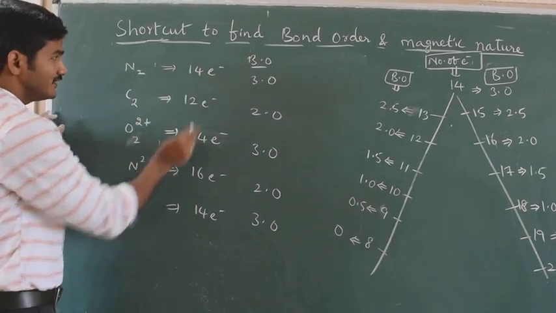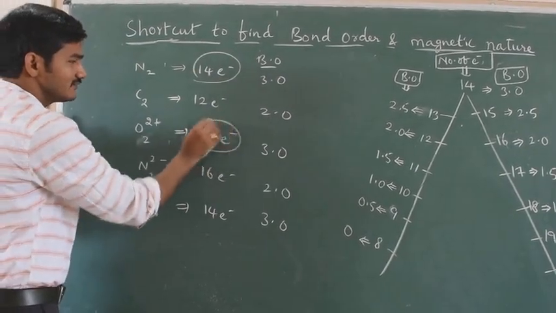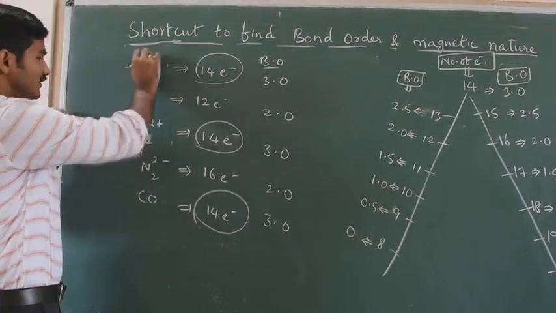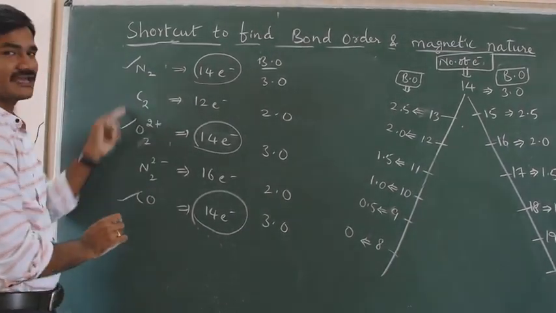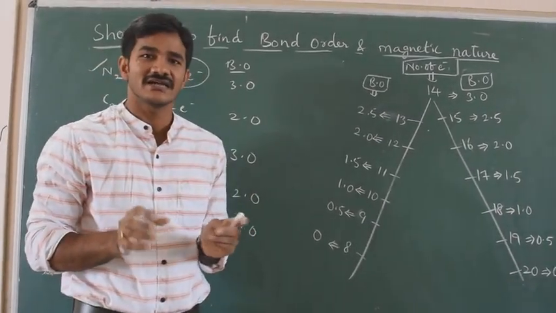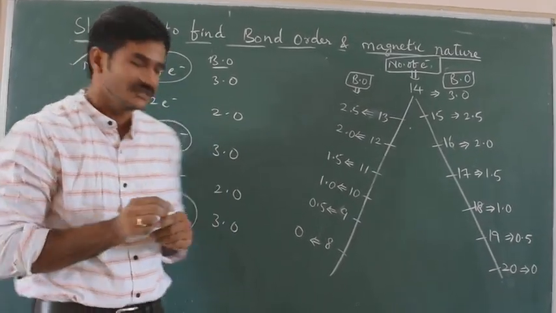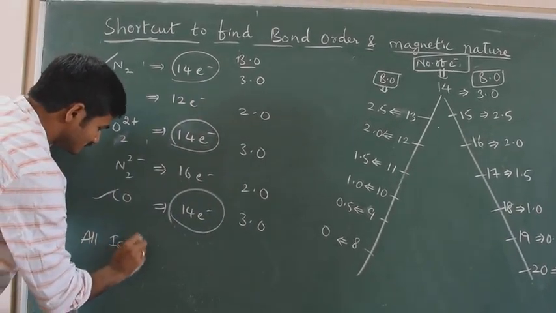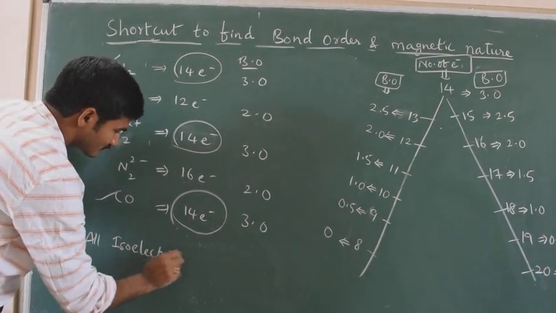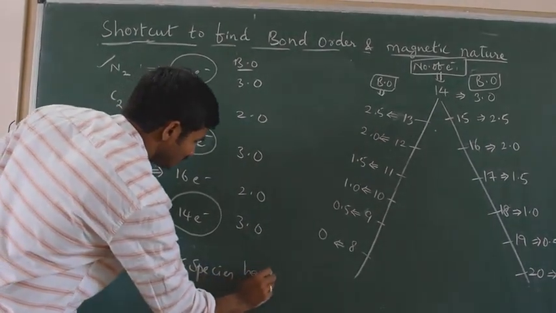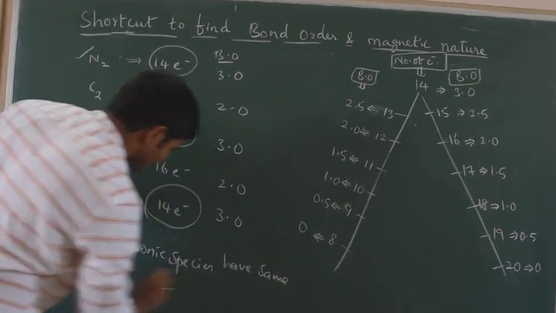Now, if we observe one point here, we can see 14 electrons, here also 14 electrons, and this is also 14 electrons. The species like N2, O2 2 plus and CO have the same number of electrons. The species which have the same number of electrons are called isoelectronic species. So we can write one point here: all isoelectronic species have the same bond order.